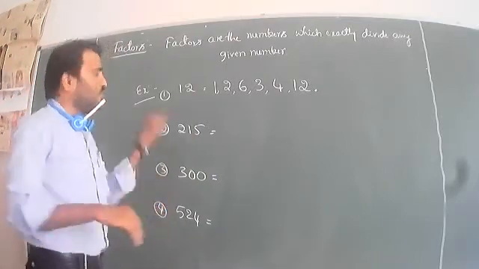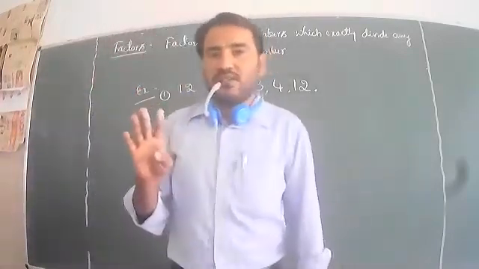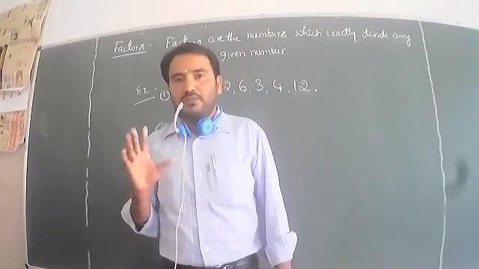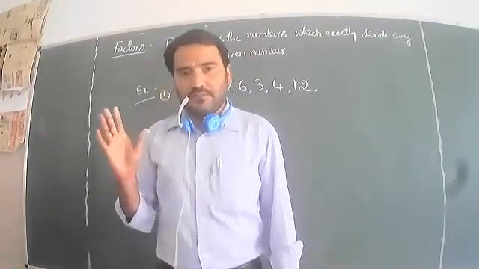Now 215. In the previous 4th standard you learned the divisibility test for 5: if the last ones place is 0 or 5, it is divisible by 5.